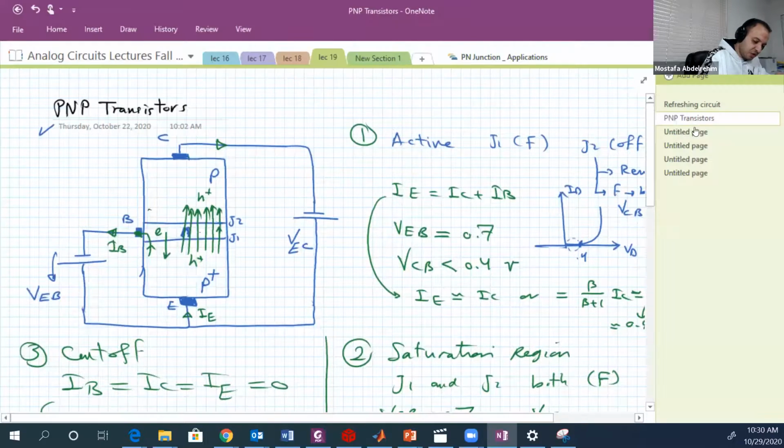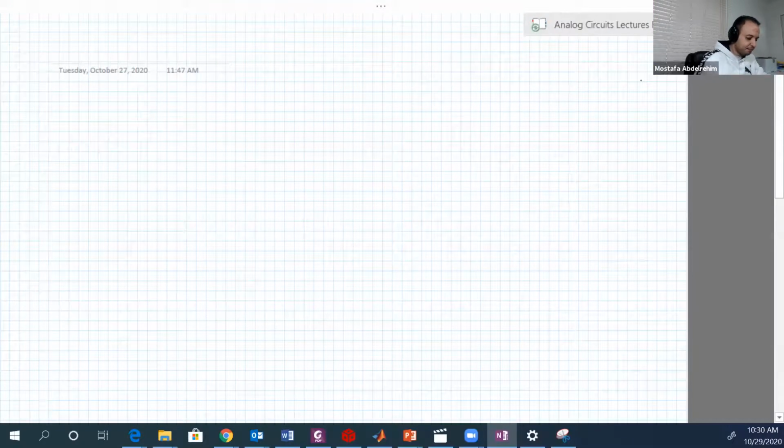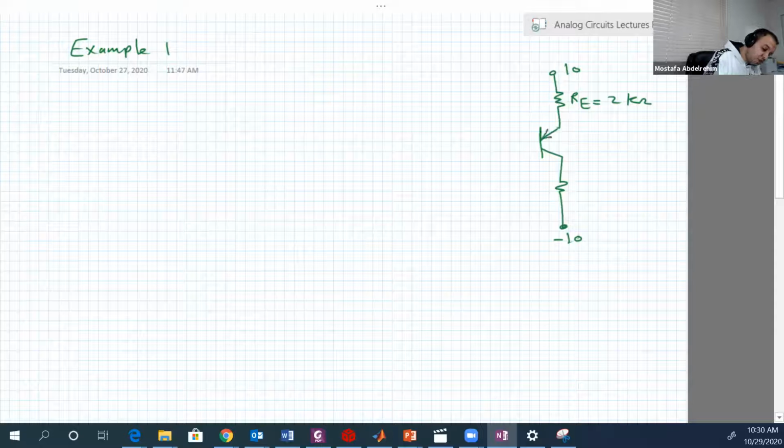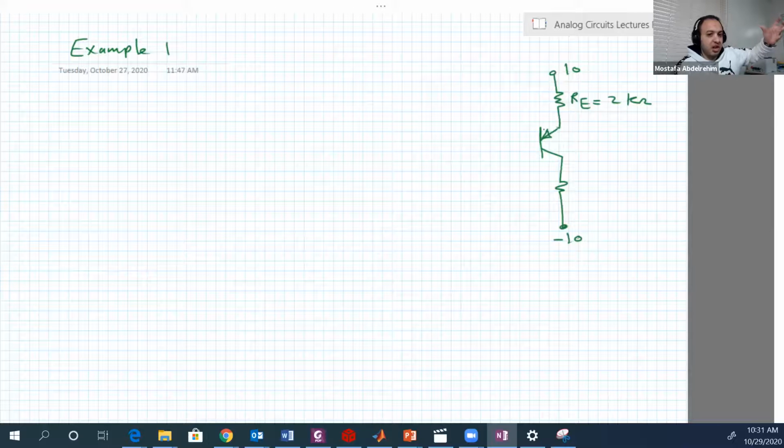So let's go to examples. Example 1. Let's draw the circuit for this one. Since IE is going into the emitter, this is also opposite in the directions of the battery.